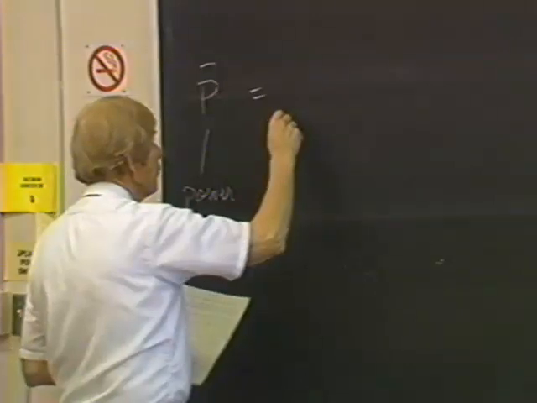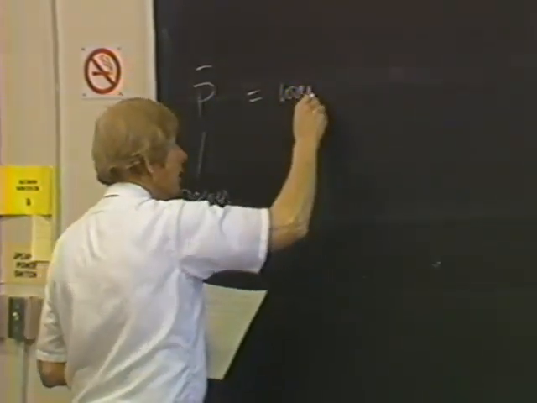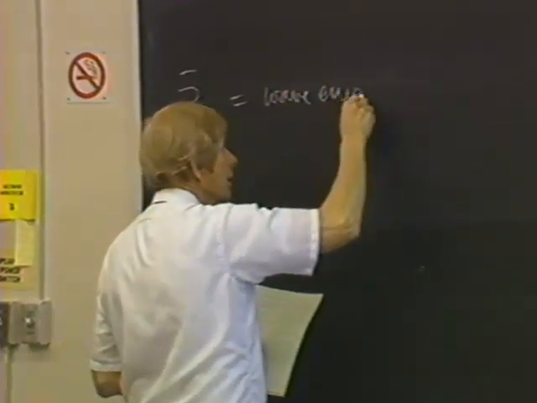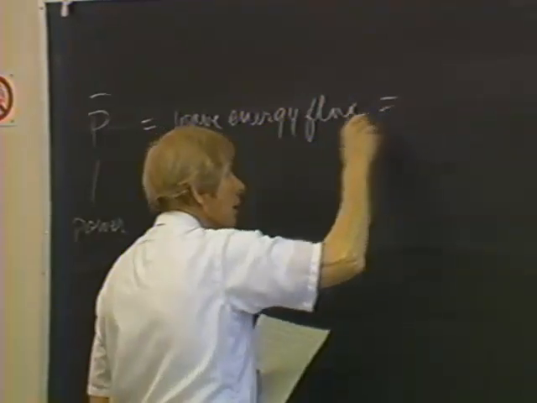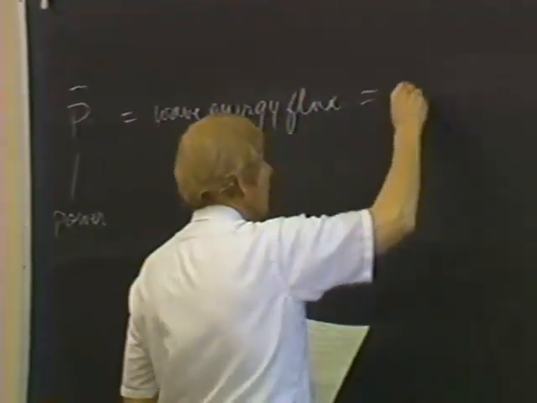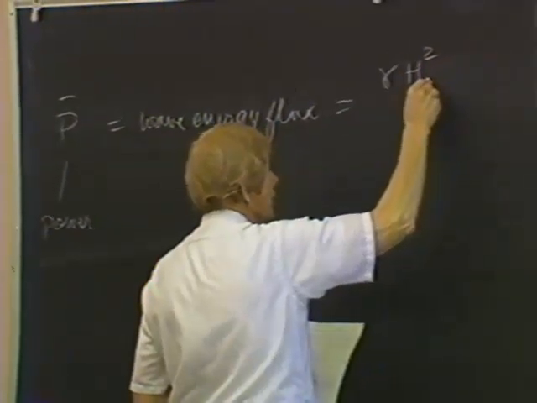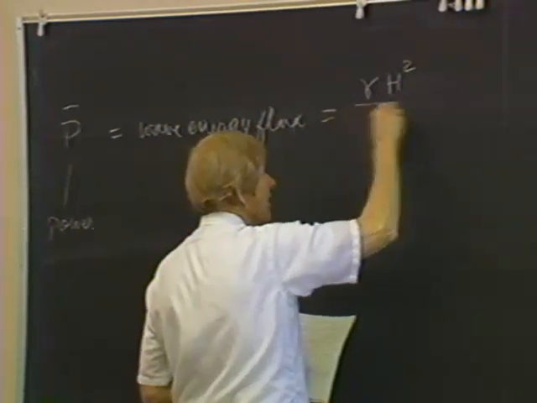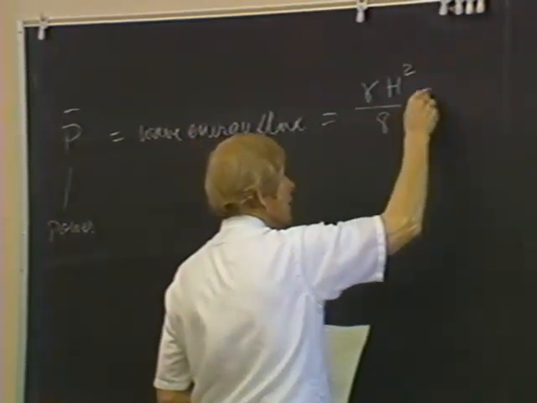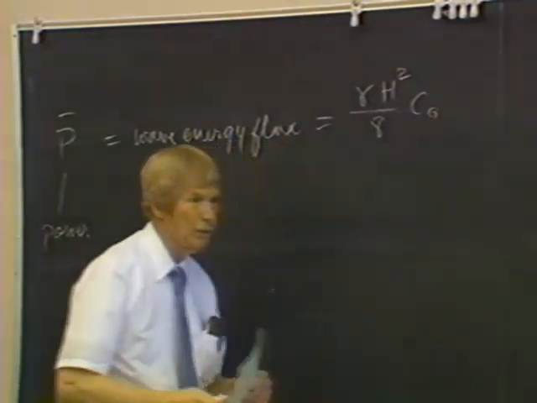And the flux, which is gamma H squared, I'll leave it at that, divided by 8 times the celerity of the group of waves coming on shore.